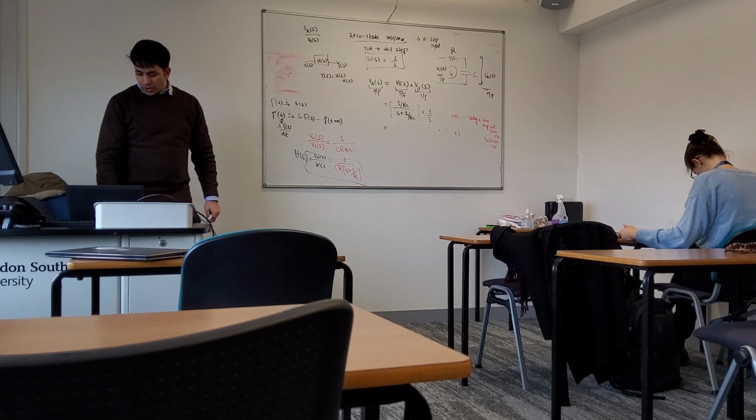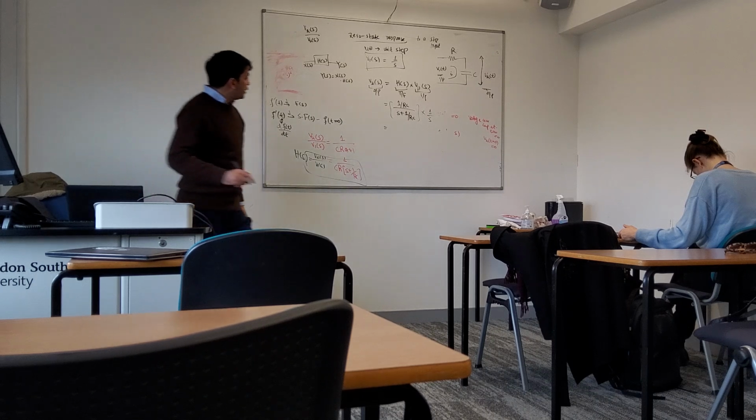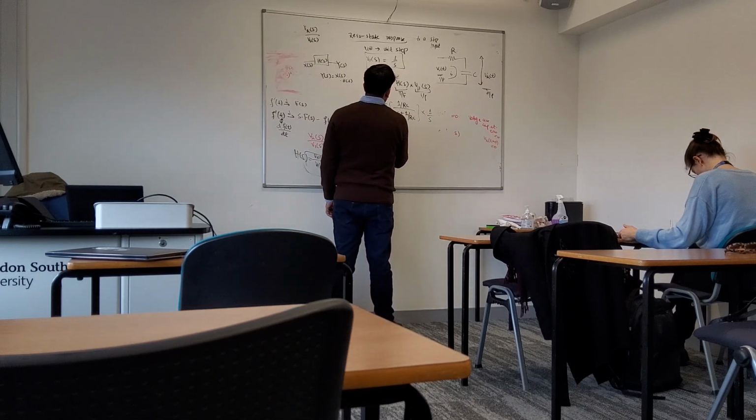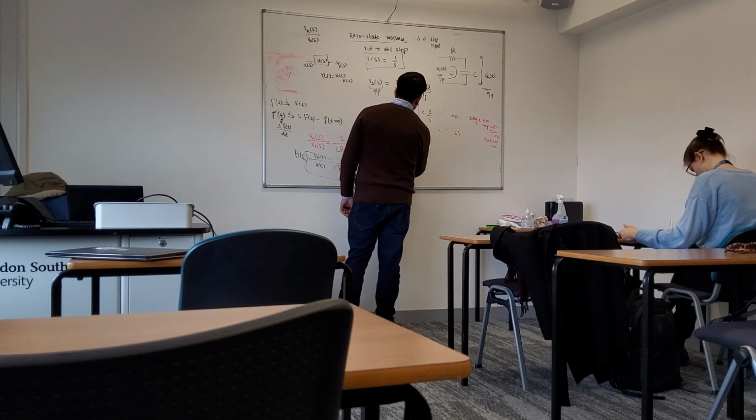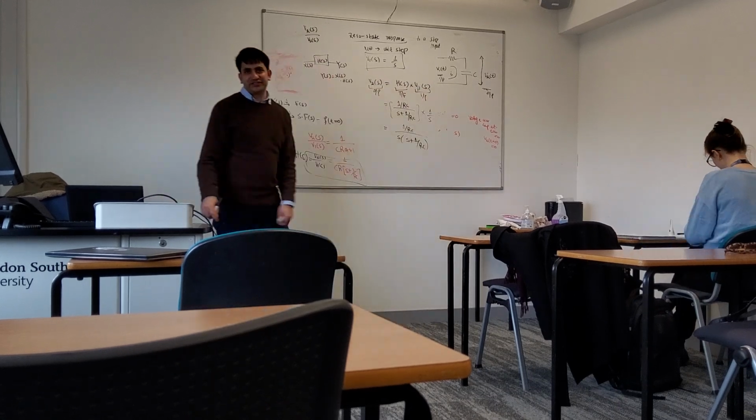Okay. So I need to solve this, which is 1 by RC over s times s plus 1 by RC. So this is a partial fraction, right?